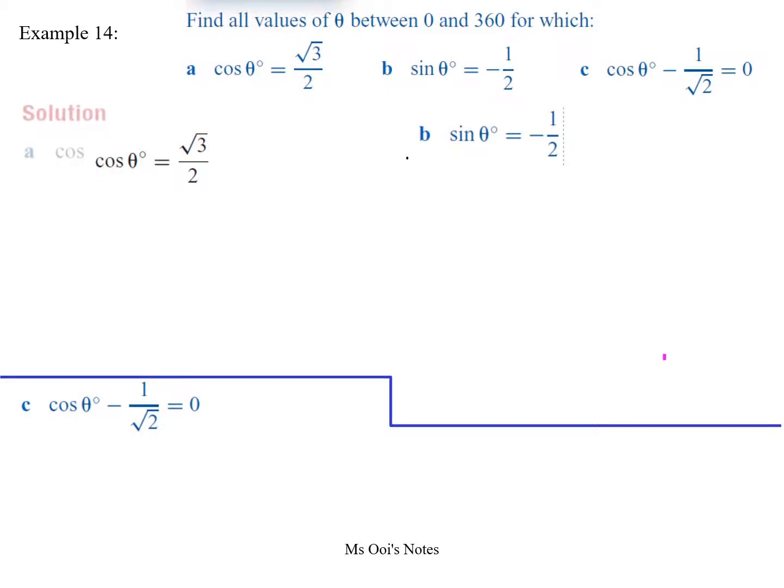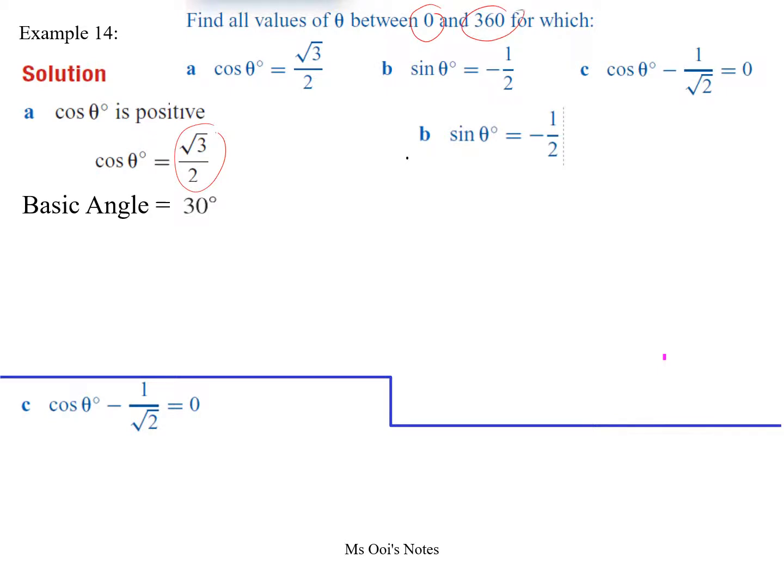So my base angle will be the inverse cos of root 3 on 2. The base angle, it is 30 degrees. The reason why I write 30 degrees is because here it is in degrees. Theta is between 0 degrees to 360.